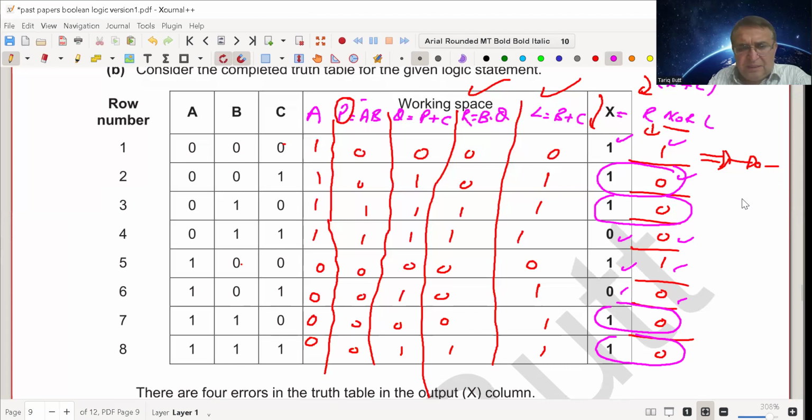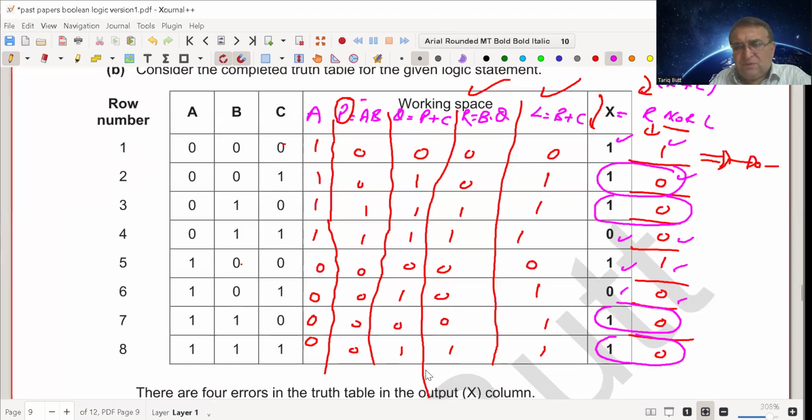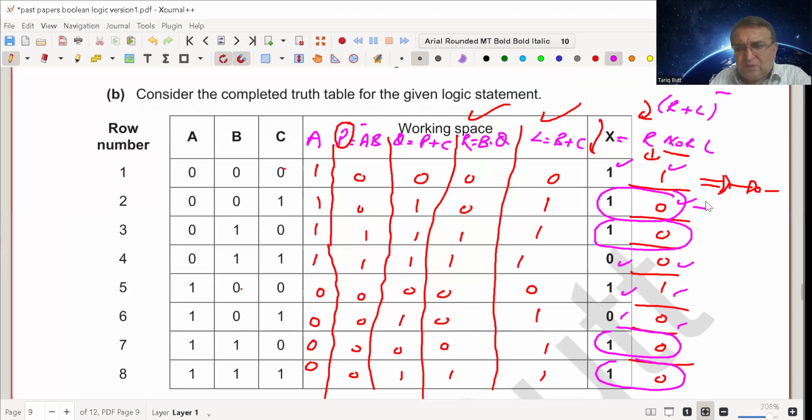It is asked that you identify those four incorrect outputs and write down the row number to identify each incorrect output. So the first incorrect output is this one, which is row number 2. Second is this one, which is row number 3. Third is this one, which is row number 7.